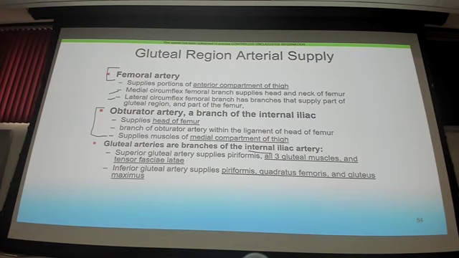And so you can kind of just group that. Think about your arterial cascade. You had your common iliac, then we have our internal iliac that goes to the pelvis region and the gluteal muscles, and then we have our external iliac that becomes the femoral. The femoral goes to the anterior compartment of the thigh.